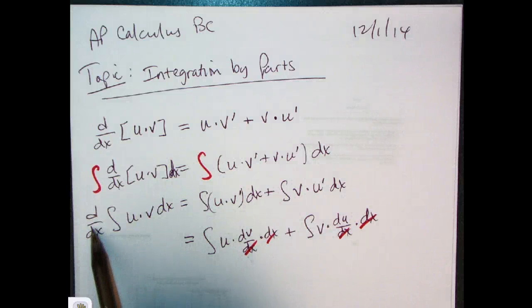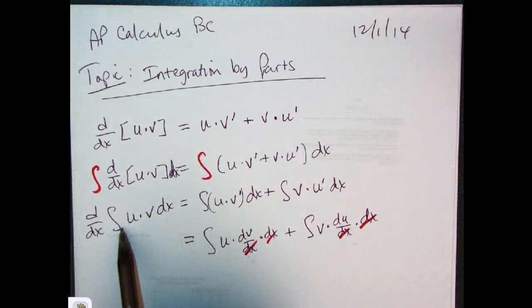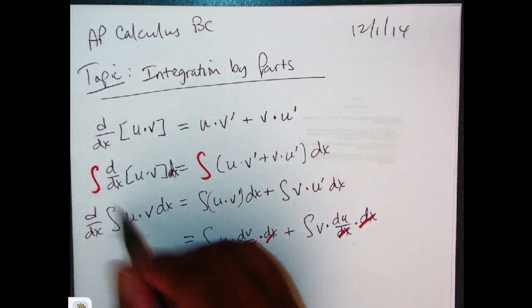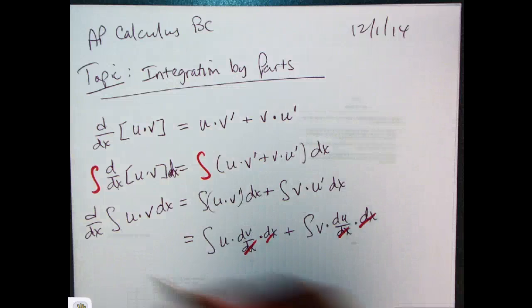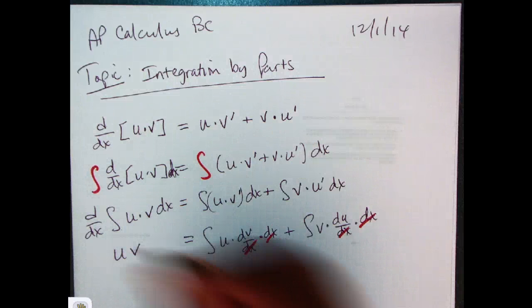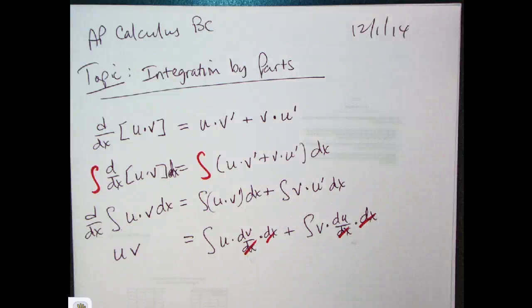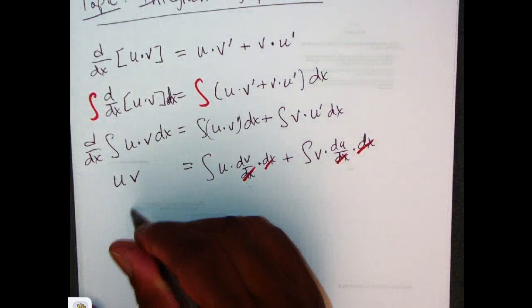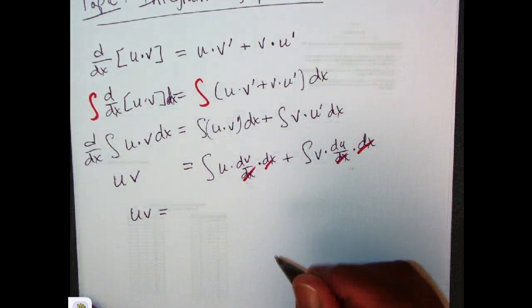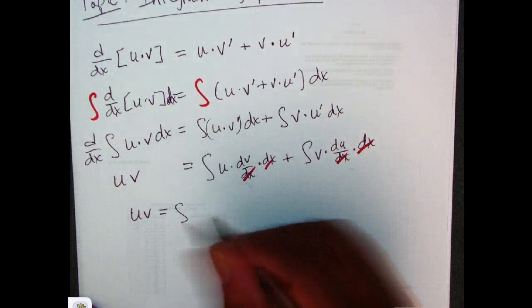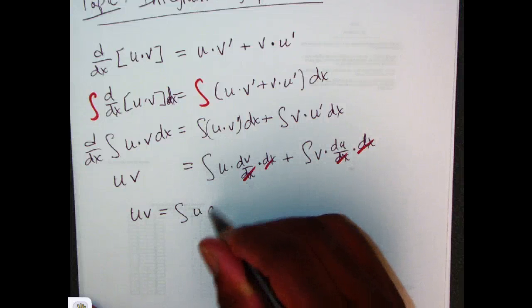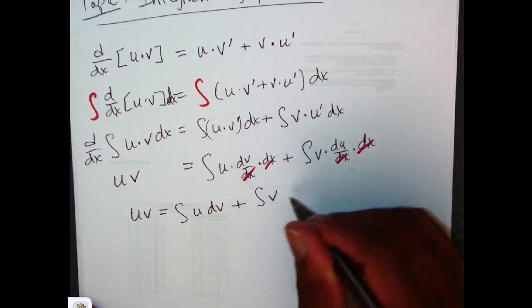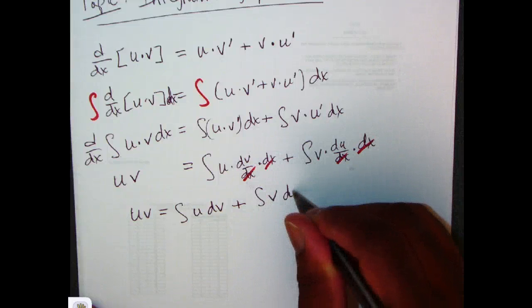Now the derivative of the integral here with respect to x, well, these two are inverses of each other. So all we're going to get here is uv. So now we have uv is equal to the integral of u dv plus the integral of v du.